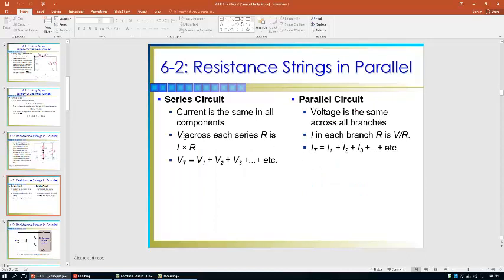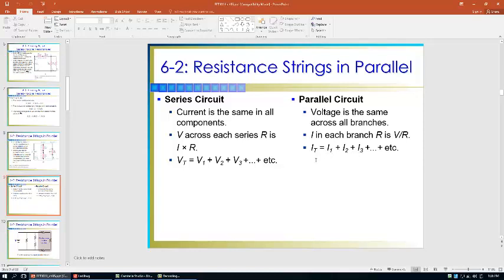Just like the total voltage on the series connected circuit must be equal to the sum of all the voltages across every component, when the connection is in parallel, it is the total current that must equal the sum of all the currents.